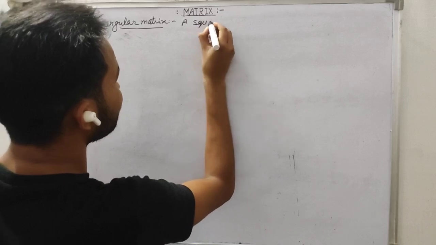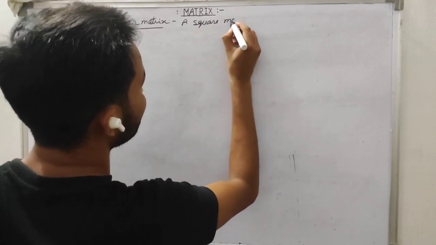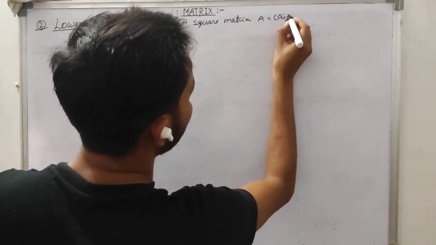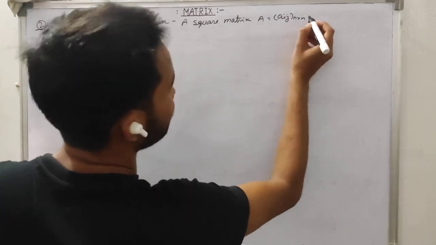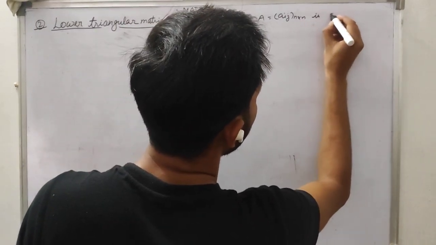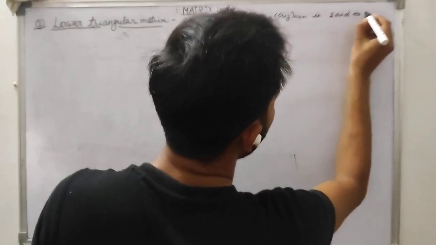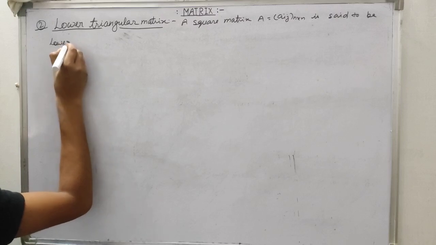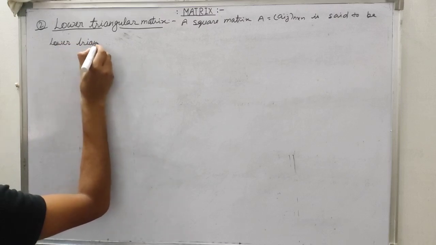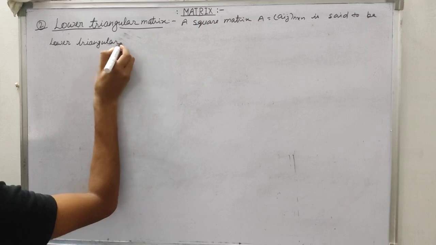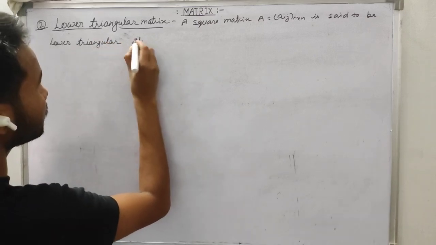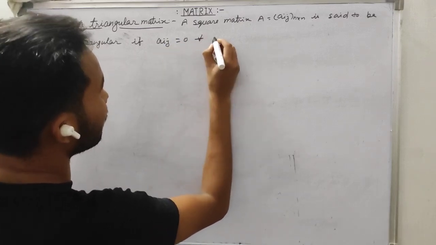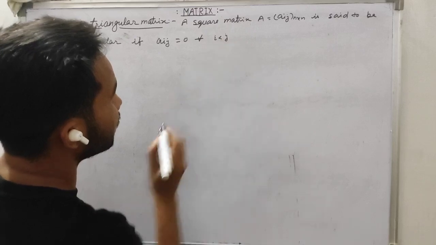A square matrix A equal to Aij, n cross n, is said to be lower triangular if Aij equal to 0 for all i strictly less than j.